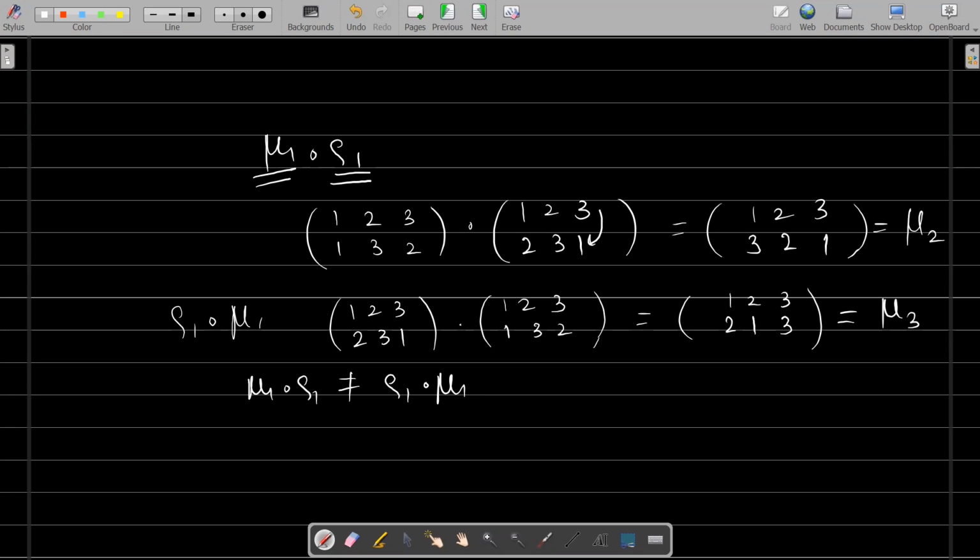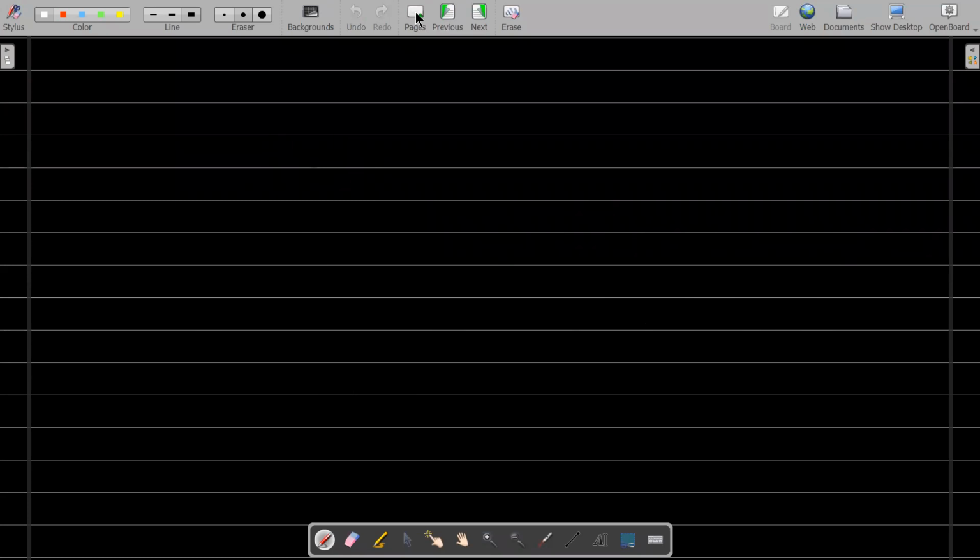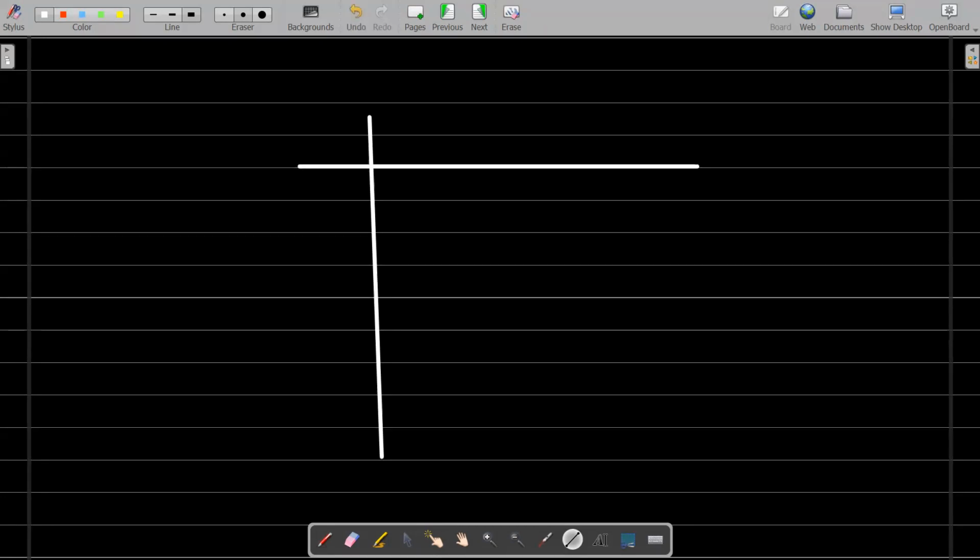I'll just give a start, and later on you can complete the whole table at home and see that it's a group. Whenever you finish, you can see there is a nice symmetry and nice structure in that table also. I'll write the composition.